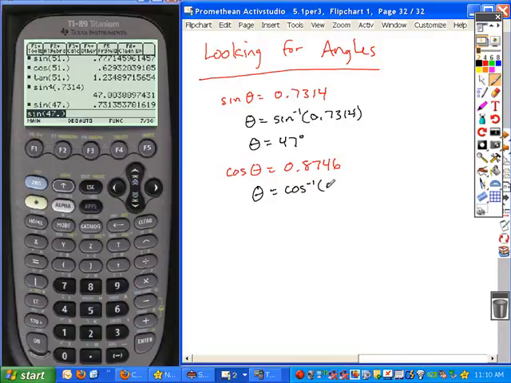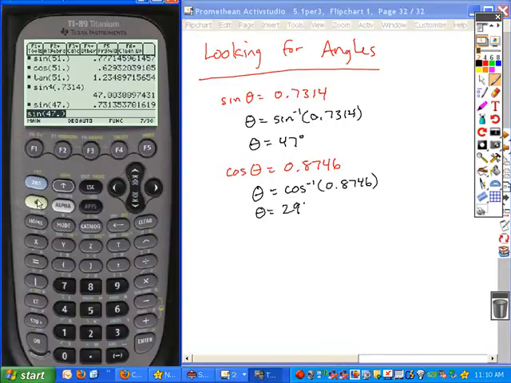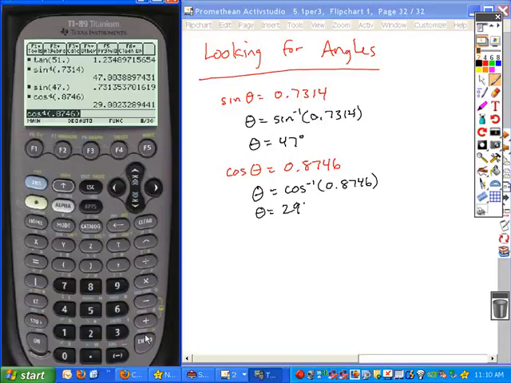You're going to use the inverse cosine of whatever that ratio is, and you should get 29 degrees. Again, on your calculator, green diamond, inverse cosine, enter your decimal ratio, 0.8746, and you should get 29.00, rounding to the nearest whole degree, 29 degrees.